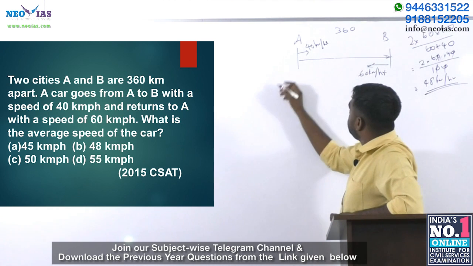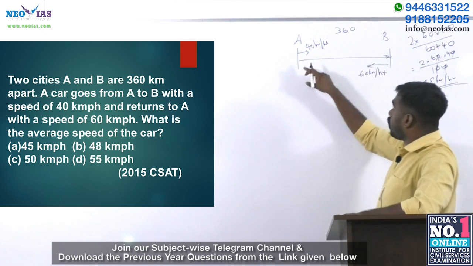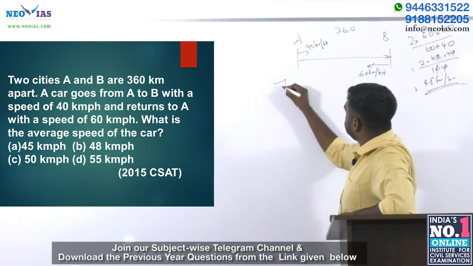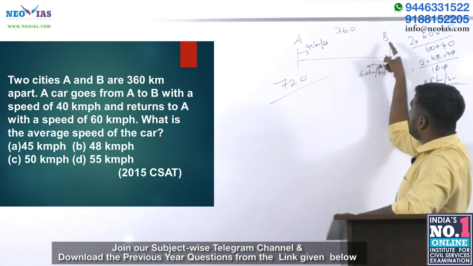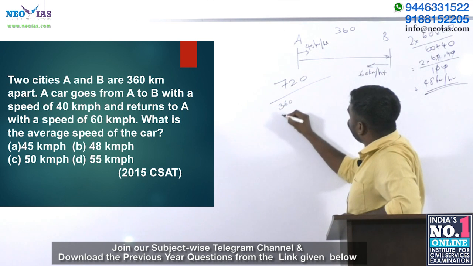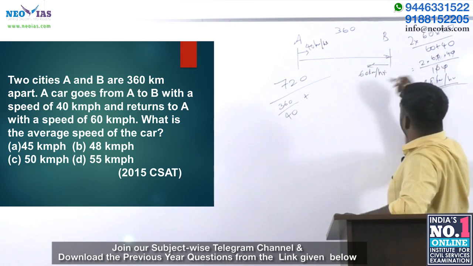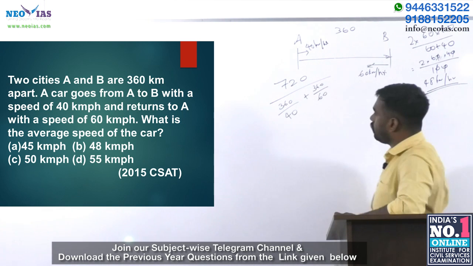Total distance traveled is, it traveled 360 km one side and it came back, right? So the total distance is 360 plus 360, 720 is the distance covered. Total time for traveling 360 it took 360 by 40 hours. Here it took 360 by 60 hours, right?